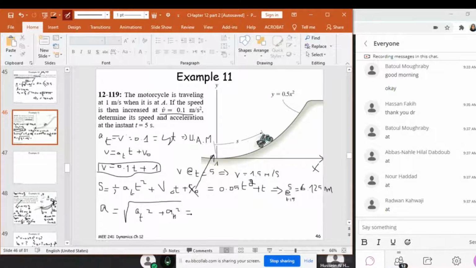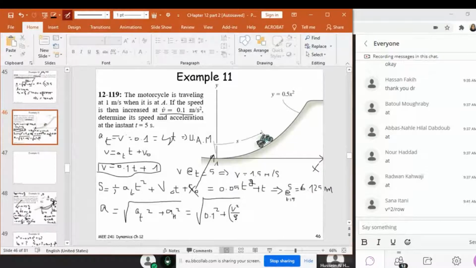This means, guys, that a is equal to the square root of, what is a_t? a_t is given as 0.1, squared, plus a_n squared. And I know that a_n is v squared over rho. I know a_t. I know v. v at t equal to 5 is 1.5. I still have to find rho.